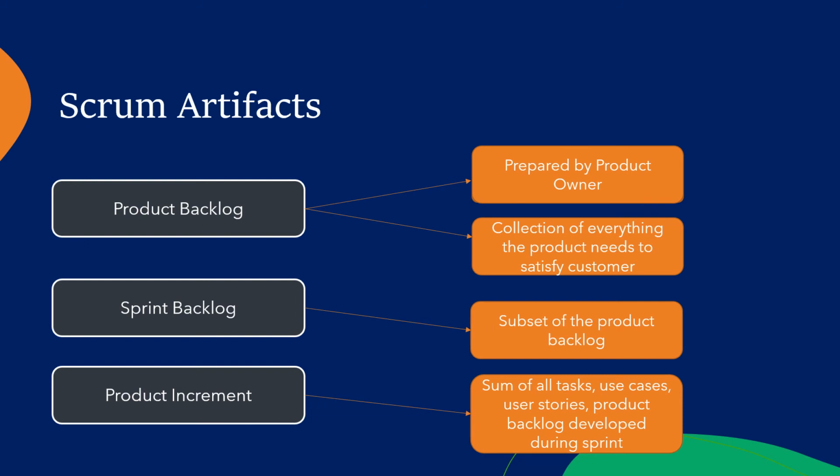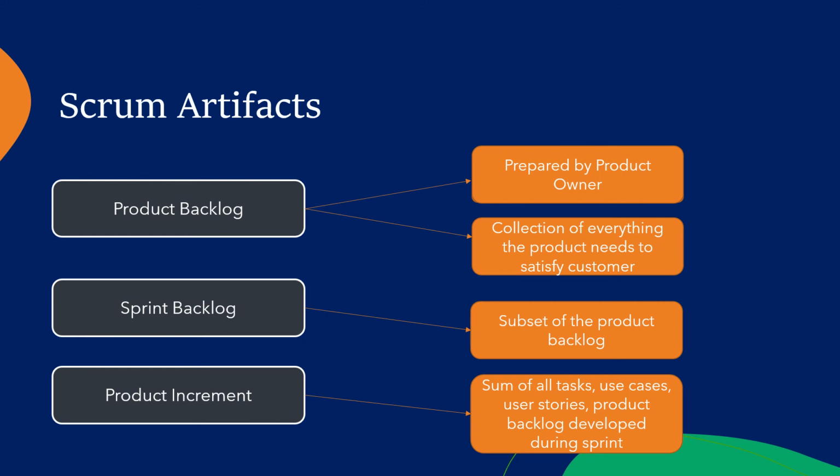Each product backlog item will be drilled down and split into sprint backlog based on the prioritization. So sprint backlog is actually a subset of the product backlog. Depending on how big your project is, you may encounter many sprints, and each sprint will last from 1 to 4 weeks.